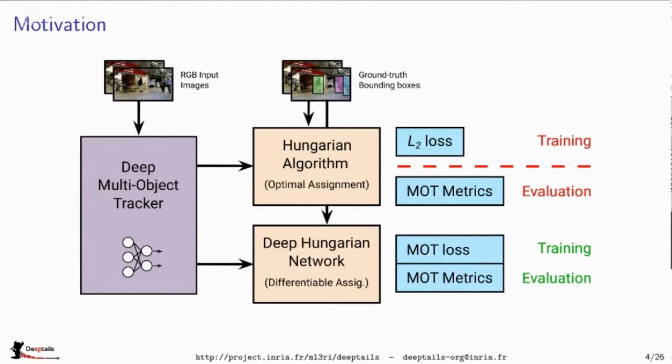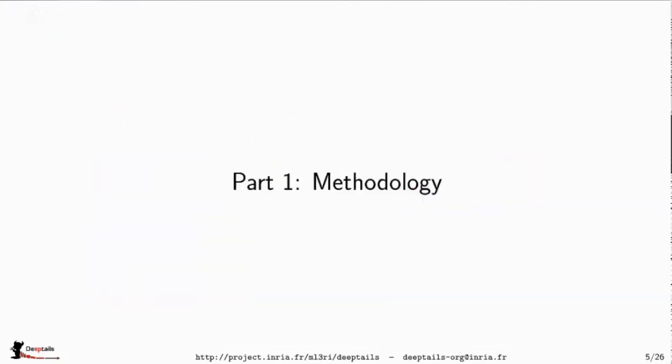Here there are two difficulties. First, the Hungarian algorithm has to be somehow approximated with a differentiable operation. And then we also have to define these multiple object tracking losses, which should be a proxy of the multiple object tracking metrics that are not differentiable either. So we will now discuss the more methodological or high-level part, and then I will let Yihong explain the details.